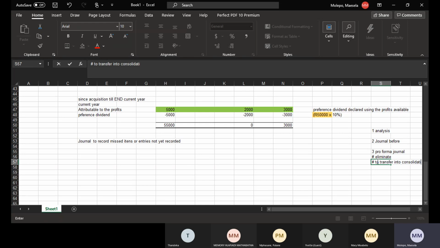So if something is not being eliminated, it means we're going to take it into the books, carrying it into the consolidations. Then four, you do the consolidation statements.